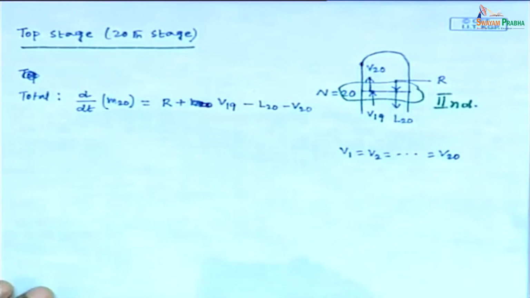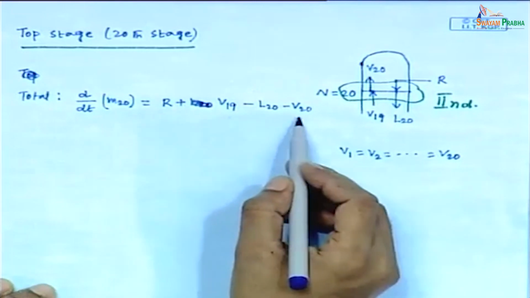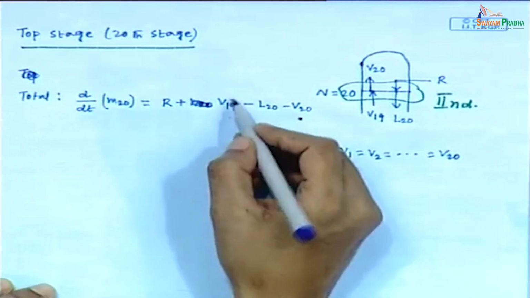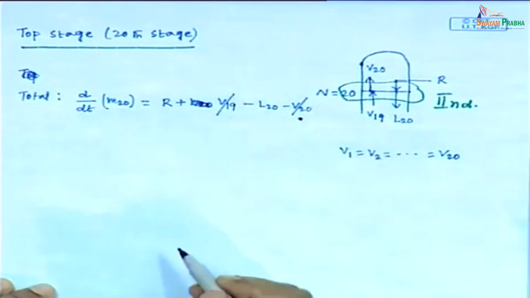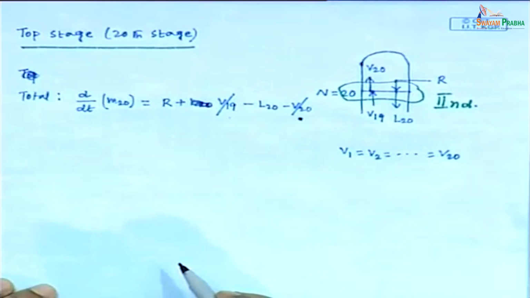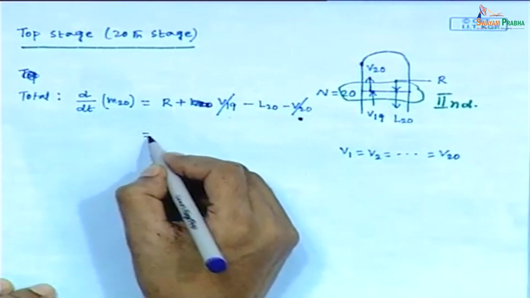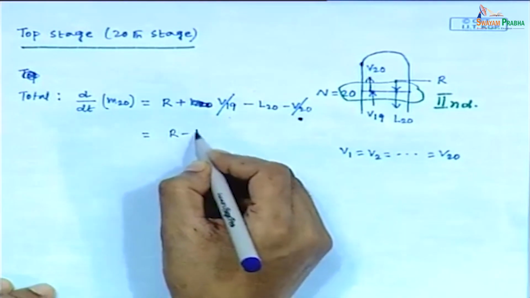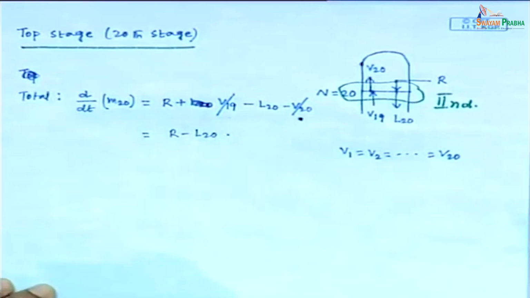So V19 and V20 are equal to each other. Now, this equation reduces to R minus L20.